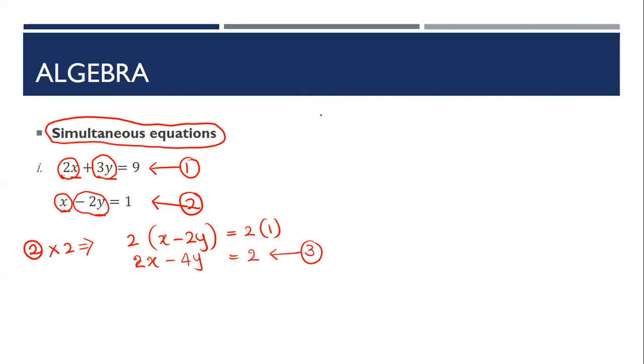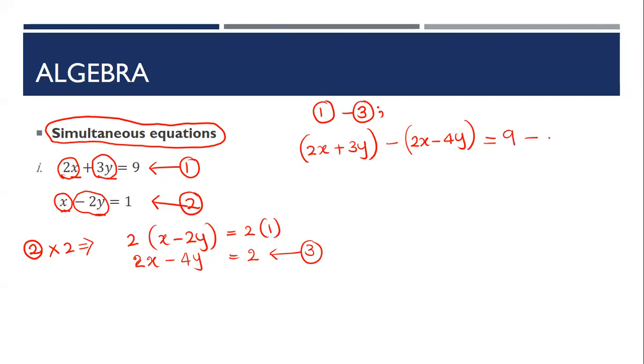So I am removing the x ones. So I take the first equation minus the third equation. First equation left hand side 2x plus 3y, minus the third equation left hand side 2x minus 4y, and this is equal to 9, and our right hand side is minus 2.